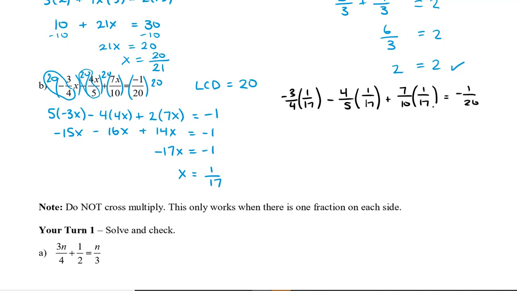Now you can see that all of them have a 17 except for the right side here. And I also know that my LCD is 20 from before. So I'm going to multiply this first term by 5, so I get that 20. The second one I need to multiply by 4.